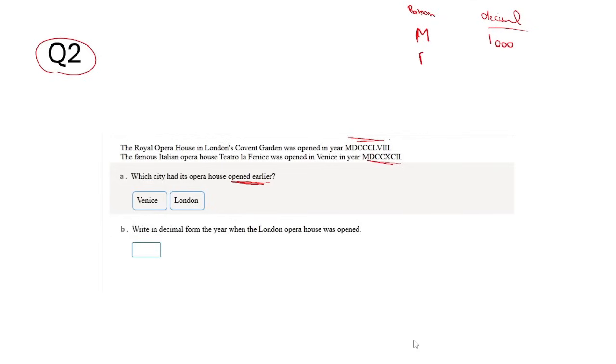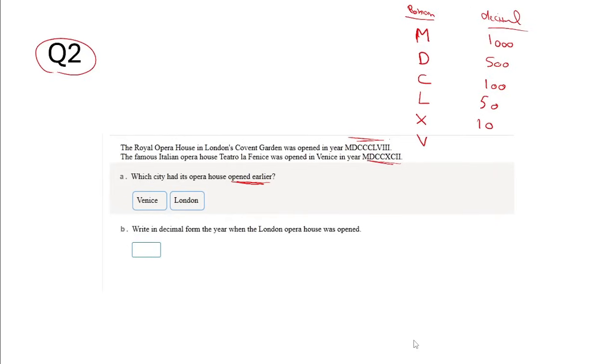For D, it's 500. For C, it's 100. For L, it's 50. X is 10.